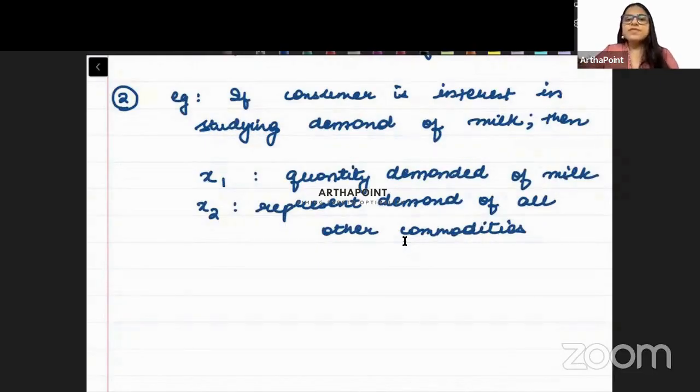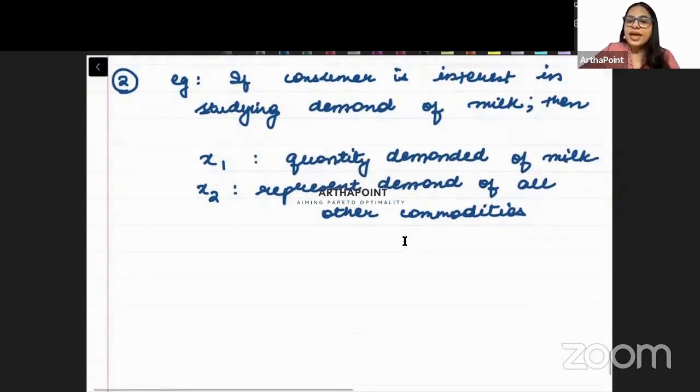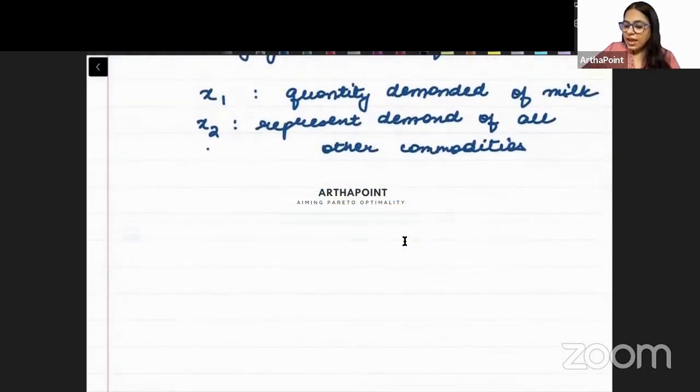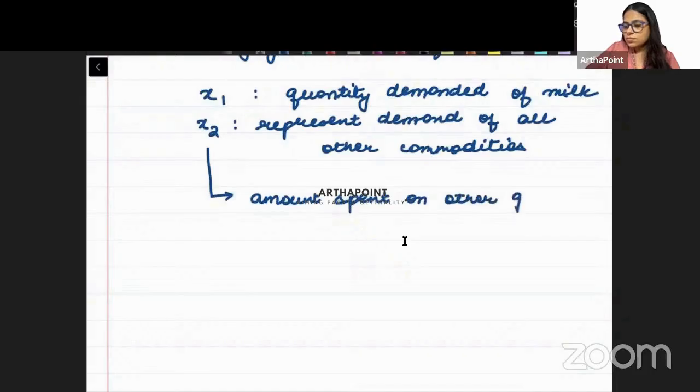So what will be this interpretation now? X2 can go ahead and represent the amount spent on other goods. Right? What X2 can represent? The dollar or the rupees or the amount that you are spending on other good.